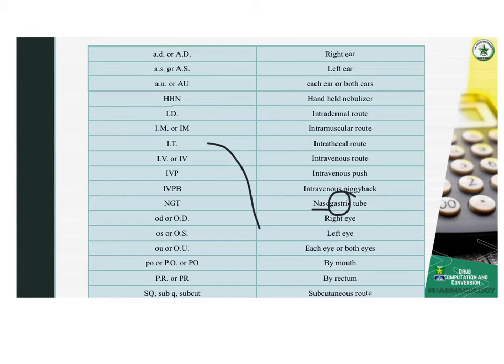Next we have the OD. OD stands for oculus dexter. Oculus is the eye, and D is dexter. So oculus dexter, in medical English, is the right eye.